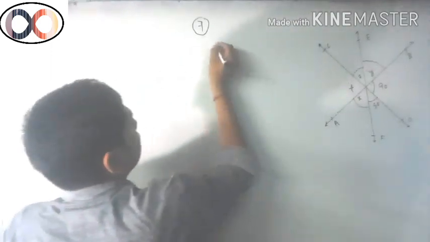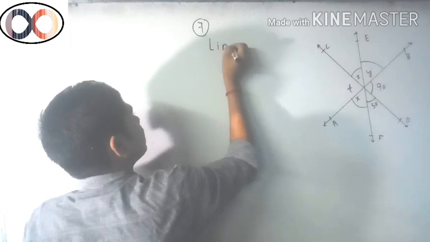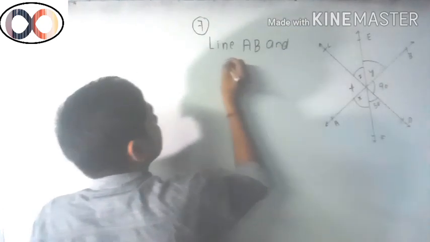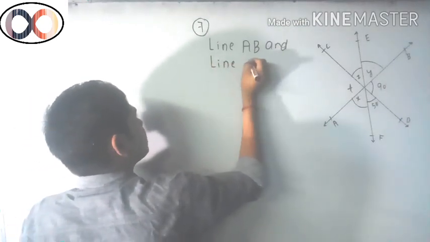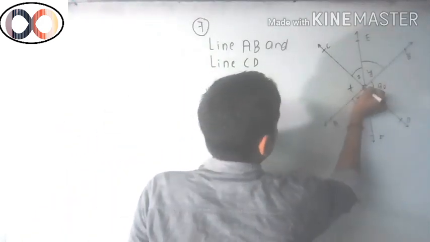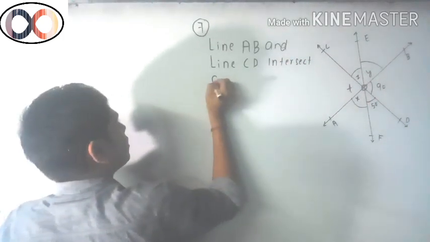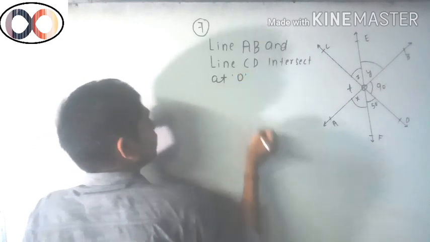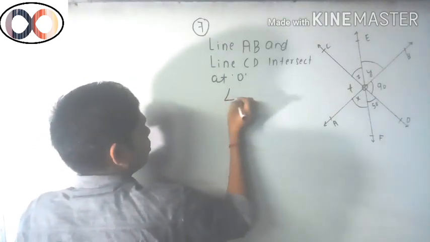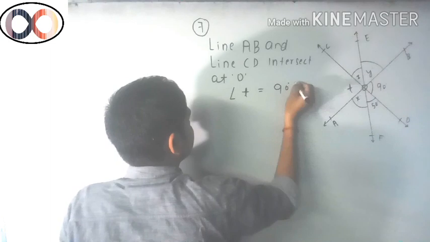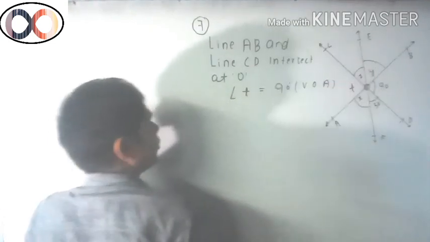We can write: line AB and line CD intersect at O. Hence angle t equals 90 degrees, by the reason of vertically opposite angles.